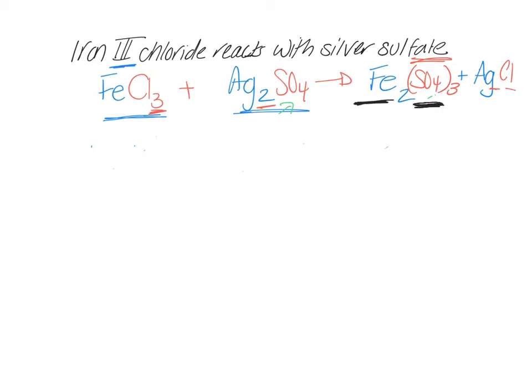So the metal always has to be first in the compound and then the non-metal is second. So you shouldn't have like a red and then a blue. That is a no-no. In terms of, does it matter if I wrote iron 3 sulfate here first compared to silver chloride first? No, it doesn't matter. Like I could switch these around and that's still exactly the same thing as long as you have both of those compounds there and all the subscripts and so on.